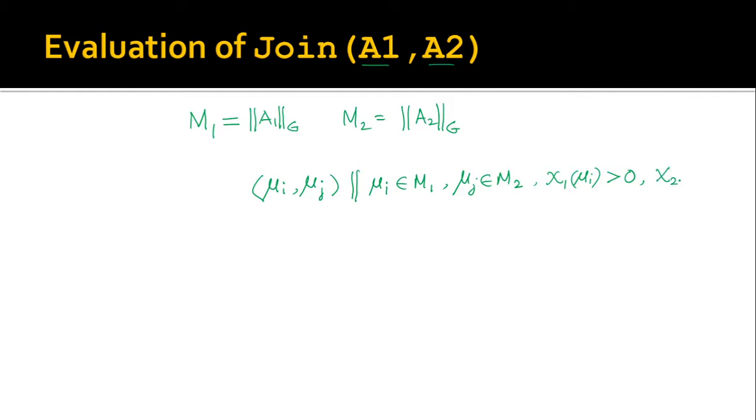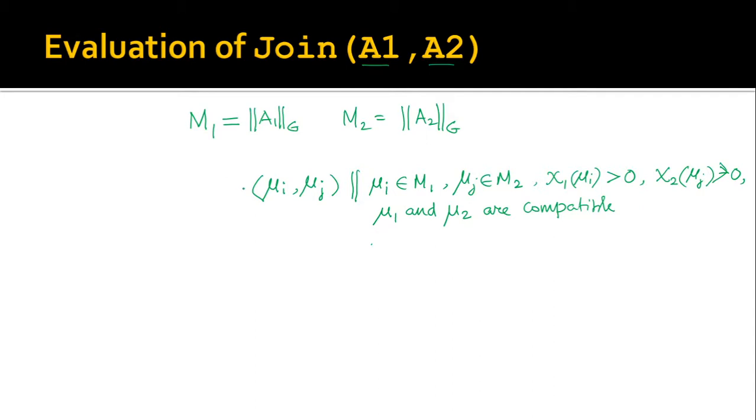Similarly, the multiplicity of mu j in m2 should be greater than 0, right? And the most important thing is that mu1 and mu2 are compatible, right? In that case, we will take a solution.